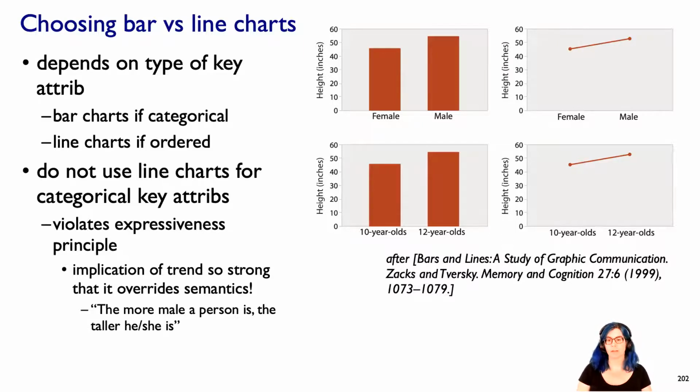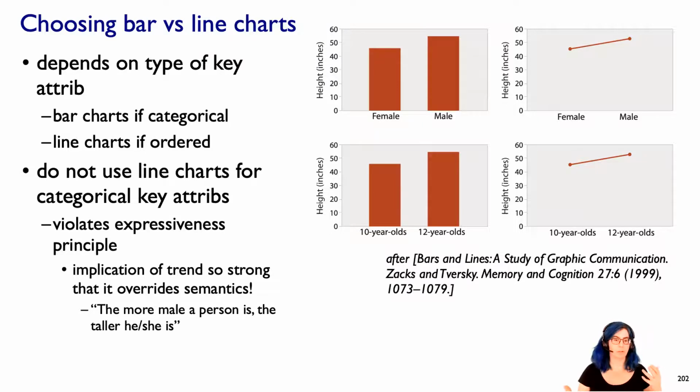There's a great study by Zacks and Tversky about what people did with these incredibly simple line and bar charts where they talk about age and they talk about gender. And the implication of trend is so strong, it can just override known semantics. So it makes sense to say the older you are, the taller you are. It doesn't make sense to say the more male you are, the taller you are.